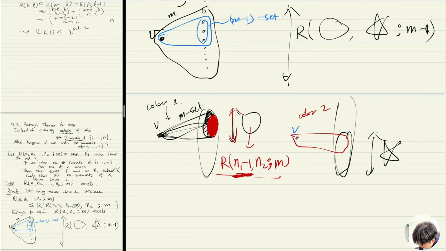Now, if I add this vertex V, then all m-subsets containing V will also be red. So that means I have an n1-set of complete red, or color 1. By symmetry, same thing here.